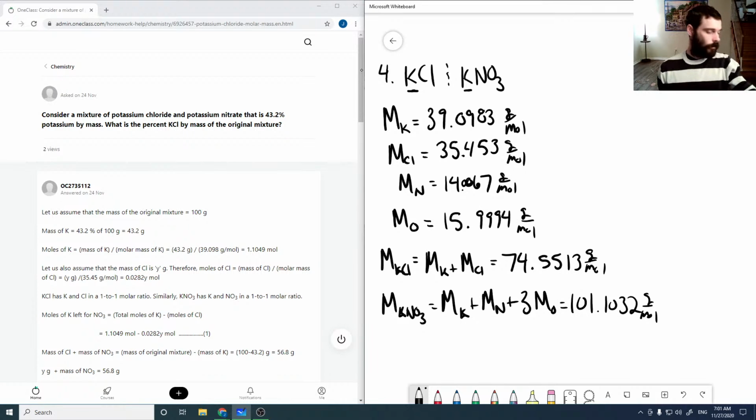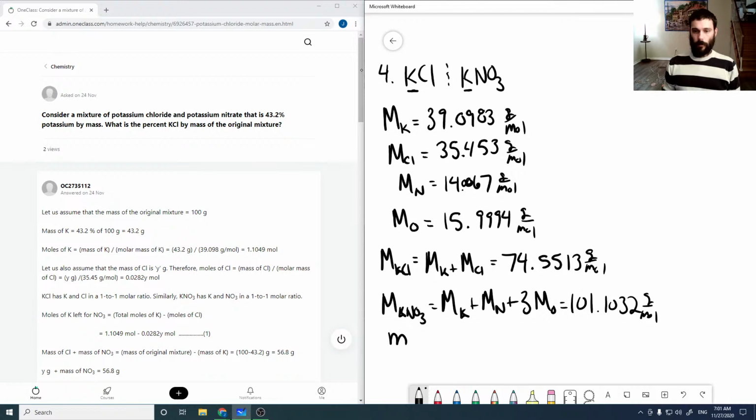Okay, so the easiest way to start this off is just to assume we have 100 grams of sample. We can use any amount because we're dealing with fractions in the end anyway, and so it'll always be able to extend to any amount of mass, but 100 grams will make everything kind of nice.